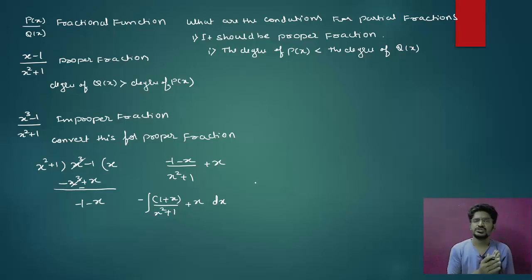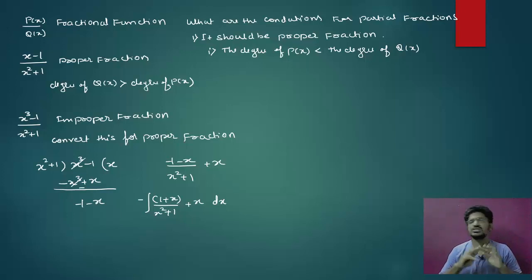Now you have understood what is a proper fraction, what is an improper fraction, how to convert an improper fraction to a proper fraction, and how to simplify the proper fractions will be the big question now. For solving the proper fraction, we have to apply some methods of linear repeated roots and linear non-repeated roots, and the third one is quadratic roots.